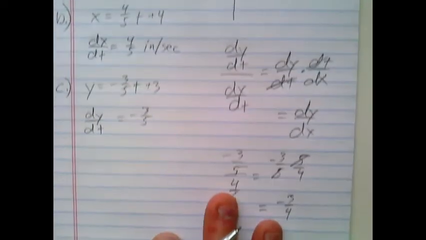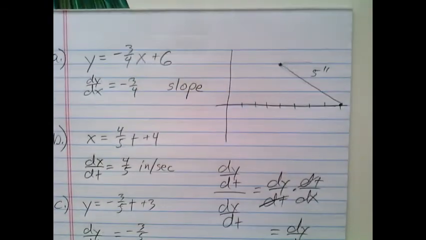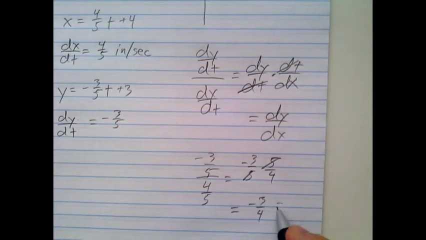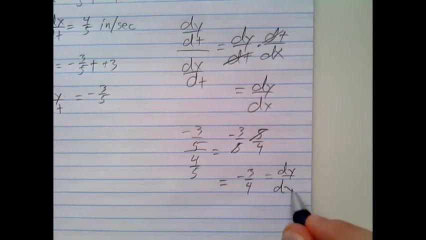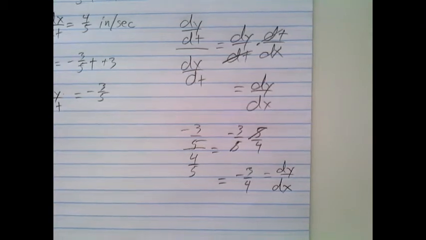And if I go back up to the top, -3/4 is dy/dx. So that does seem to hold, and it makes sense that it would. Essentially, we just have the dt's canceling.